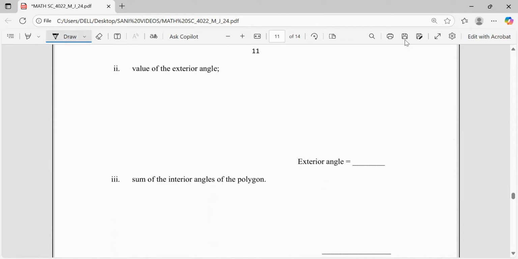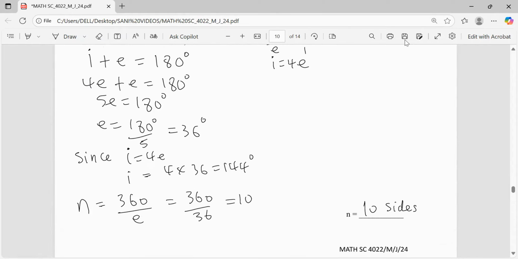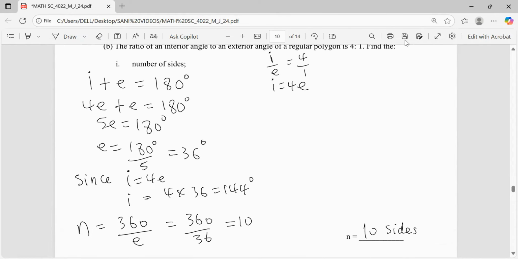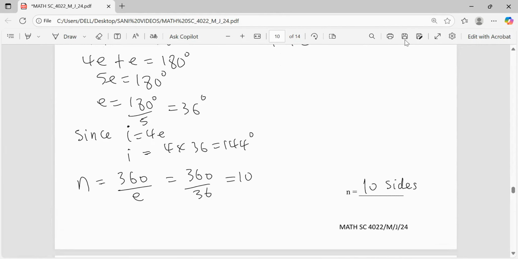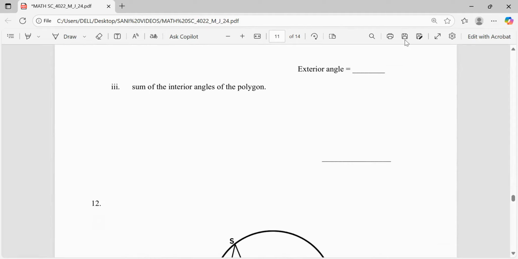The exterior angle is 36 degrees. We found it already in this question, where E is equal to 180 degrees over 5, that is 36 degrees.